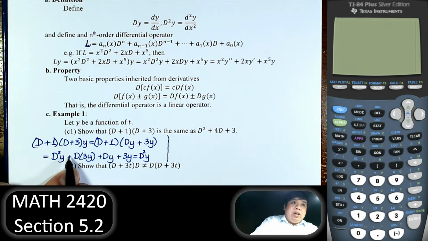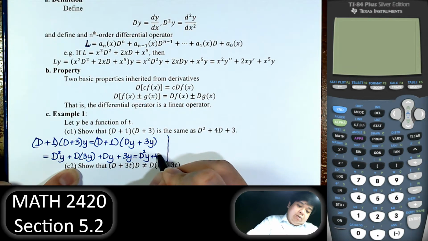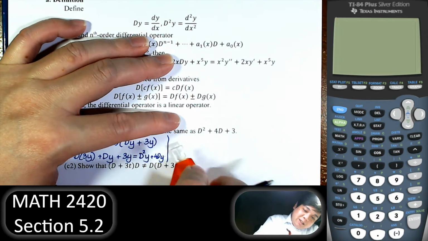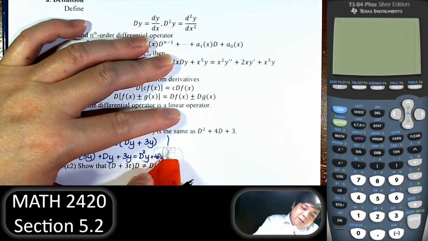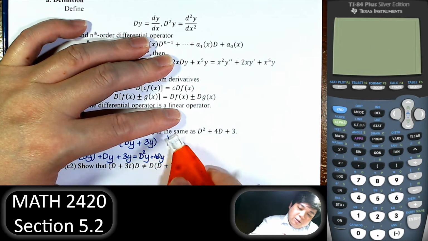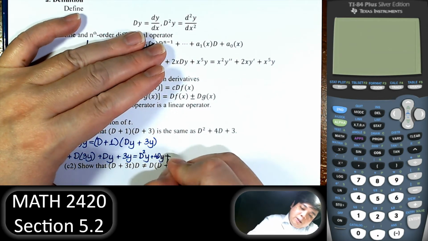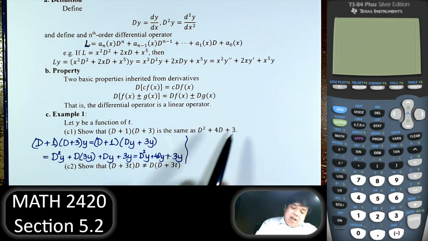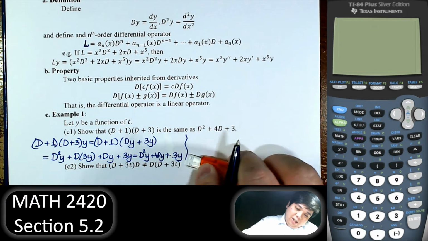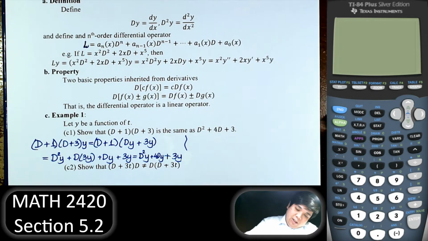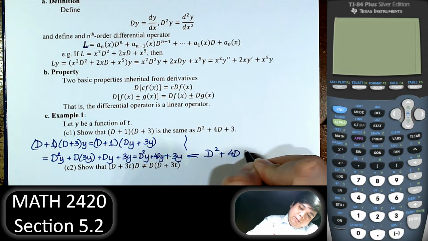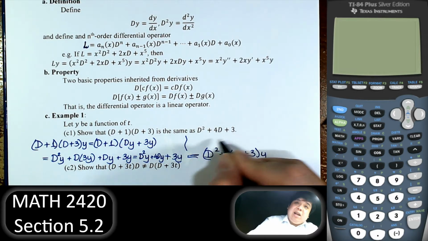Here we can take the 3 outside, and we have 3 times the derivative plus 1 more, so that will be 4 times the derivative of y, and then 3y. Of course, factor out the y, and we have exactly that.